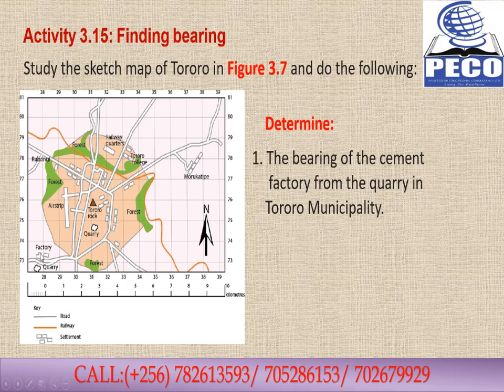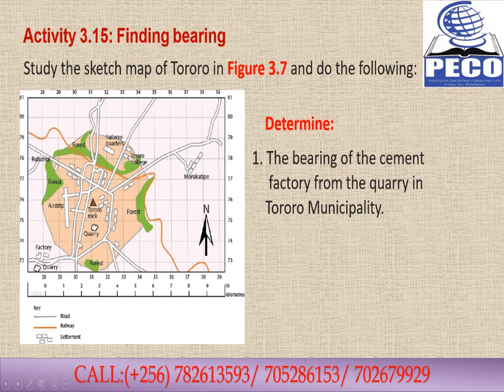So we identify A and B, we join using a straight line, then we draw a compass rose at B, we draw a compass rose at A. They have told us what is the bearing of the cement factory from the quarry.